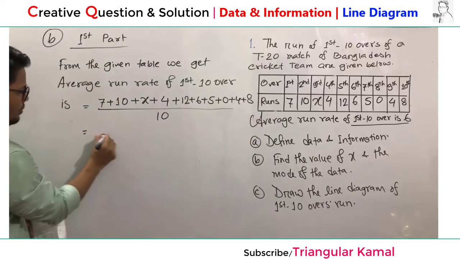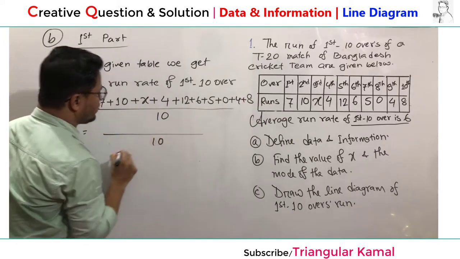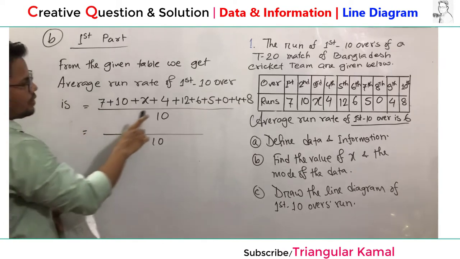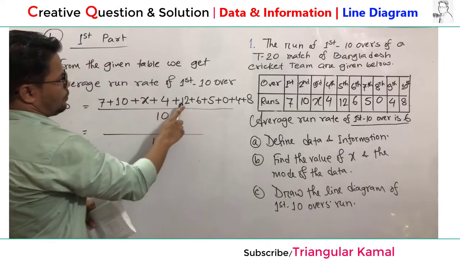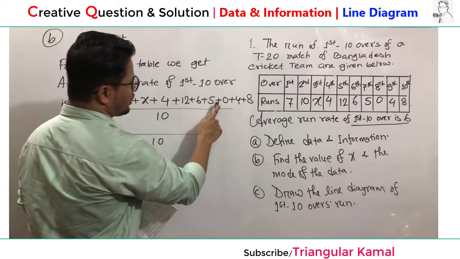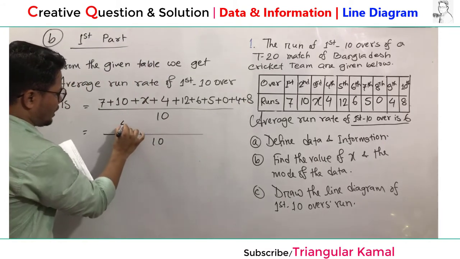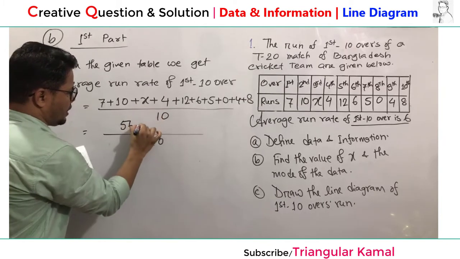So the average run is 7 plus 10, 17, 17 plus 4 plus 12 plus 6 plus 5 plus 0 plus 4 plus 8. So do the simple calculation, you get 56, then plus x.